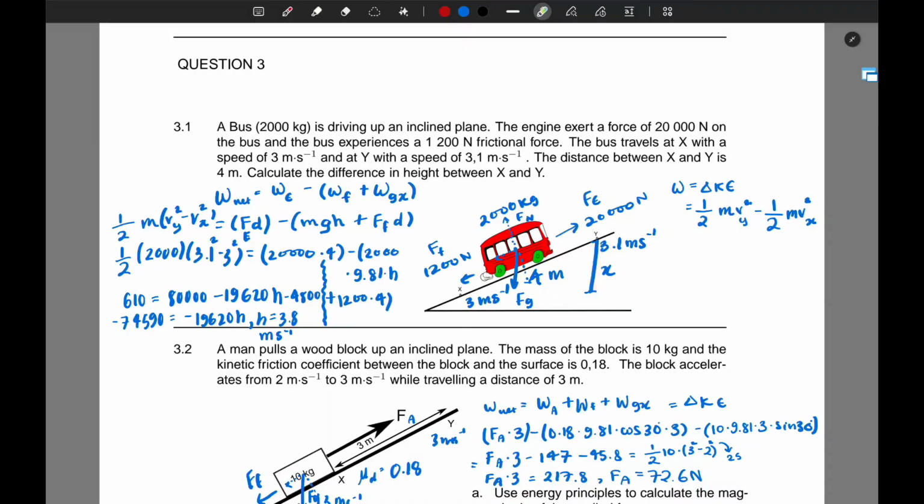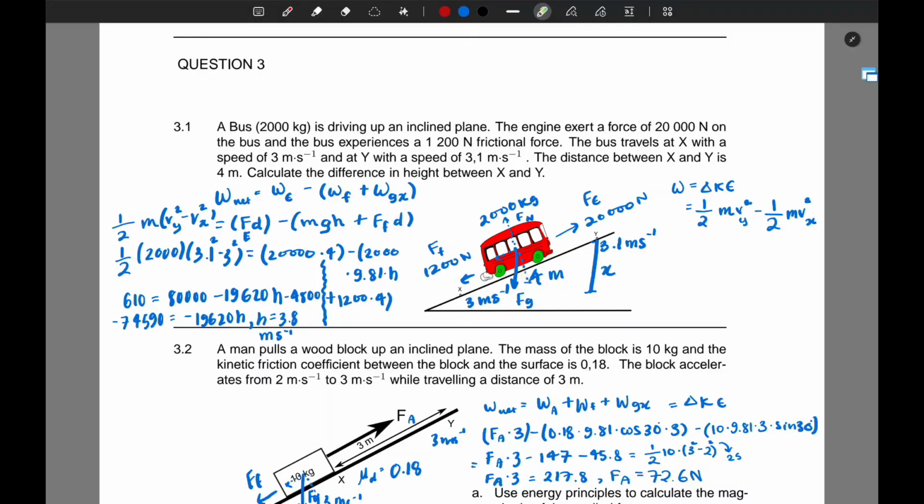Now what we're going to do first to find the height difference here is write the net work equation, which is we add up the work done by the engine, work done by friction, and work done by gravity. Specifically this horizontal component, because it's the one that's actually pushing the bus down. When it's perpendicular, it's not really doing anything.